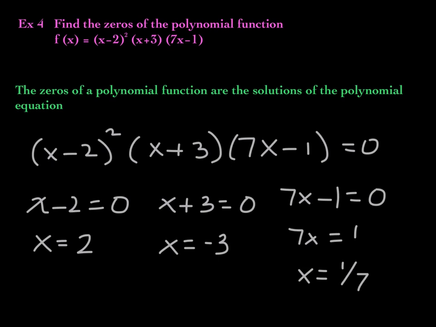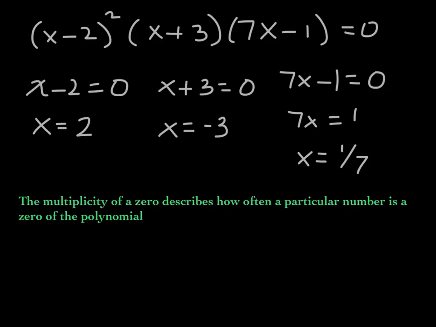This concept of multiplicity of a zero speaks to how many times a particular number is a zero for that function. So, because this factor is raised to the power of 2, you and I know there's 2 copies of this factor, like we mentioned earlier. So because of that, we say this zero here has multiplicity 2.